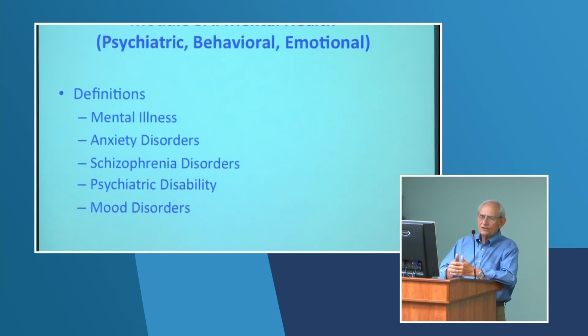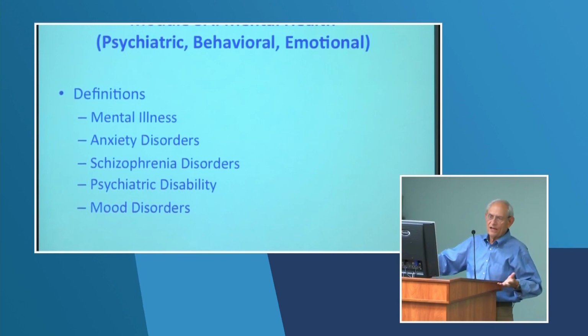Now, anxiety disorders are things like phobias. Sometimes your phobia may be just a free-floating anxiety. These often present with symptoms very similar to an MI: chest pain, shortness of breath, palpitations.